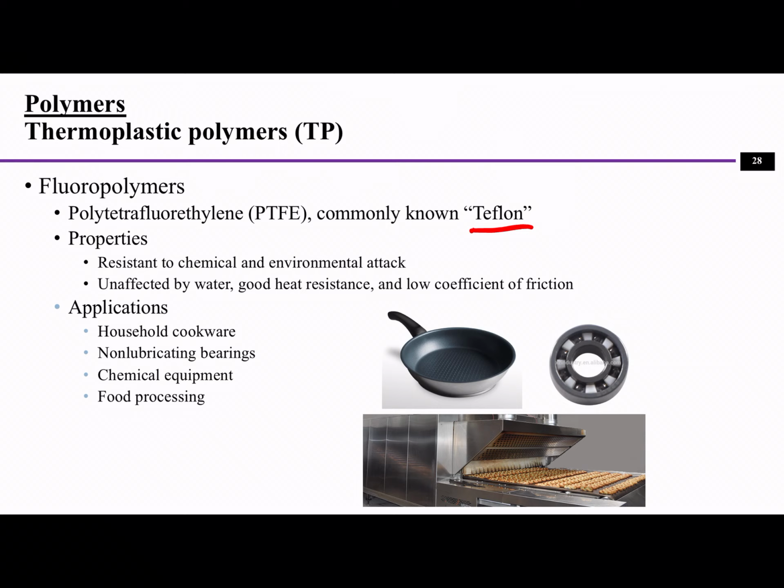Because they have really good heat resistance, a low coefficient of friction, are not affected by water, and are also chemically stable, because of those properties they can be used in high temperature environments like cooking, or in some processes for processing food, right? Processing food.